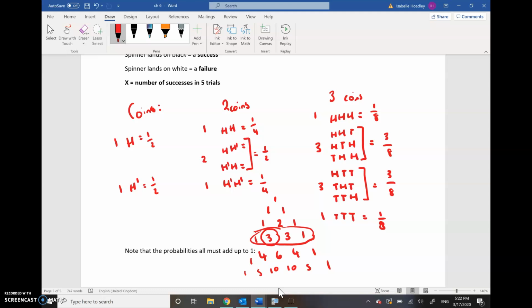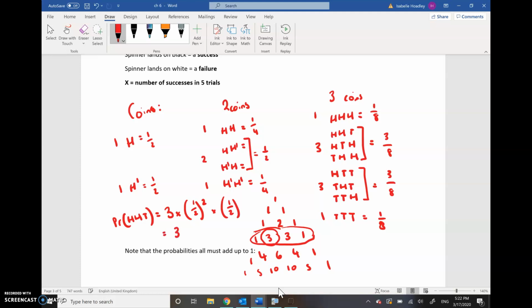Okay, we can work out the probability for that. So that's 2 heads, 1 tail, by saying that's going to be 3, which is the coefficient that we get from Pascal's triangle, times the probability of getting a head, which is half, squared, because there's 2 of those, times the probability of getting tails, which is another half.